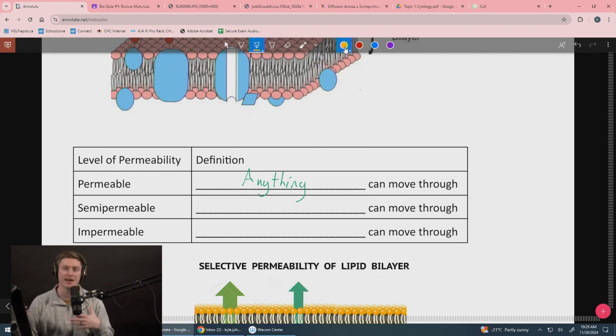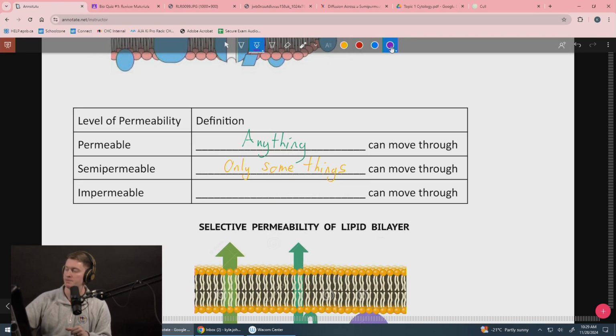So I'll use green, anything can go through. Semi-permeable, only some things can move through. And impermeable, nothing can move through.